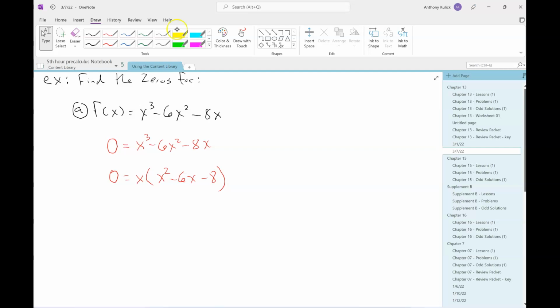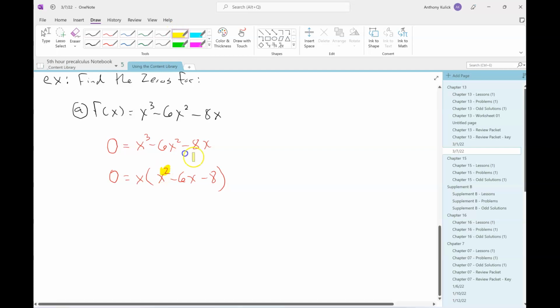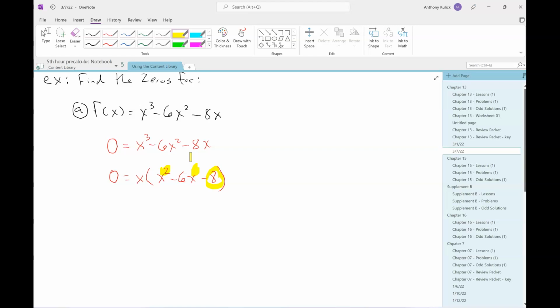Definitely is, because the degree of the highest term is twice the degree of the middle term, and then I have a constant term at the end, right? And in fact, this is not only in the quadratic form, this is just a quadratic, since it's degree 2. You guys all remember doing that? Good.